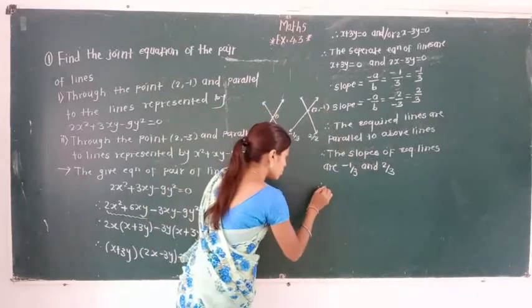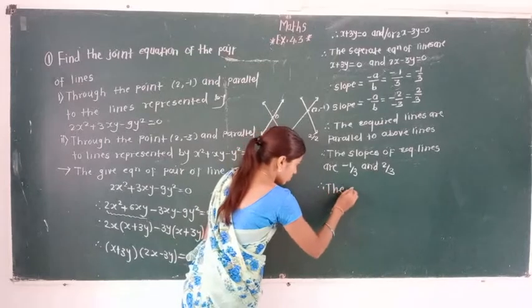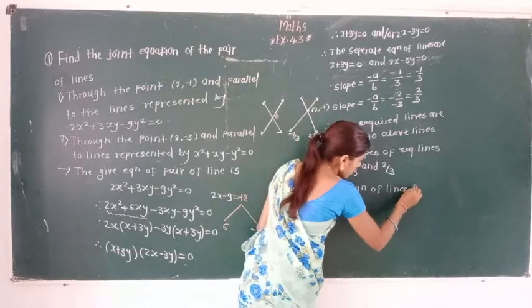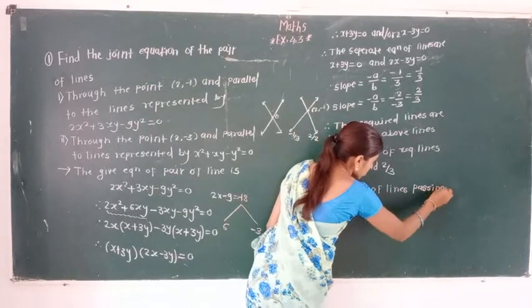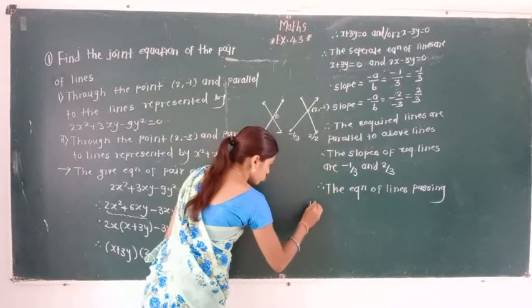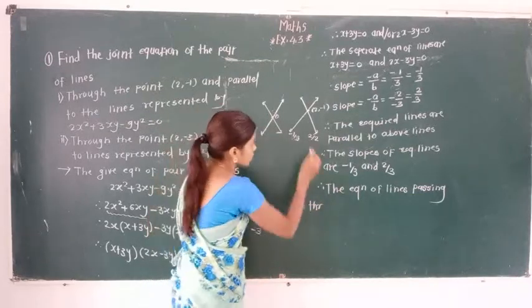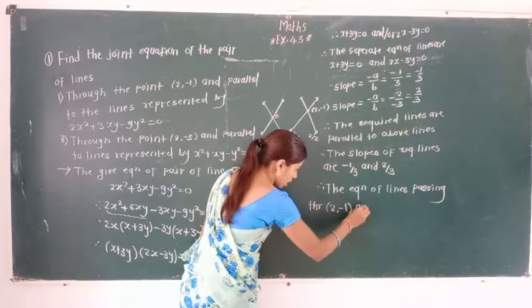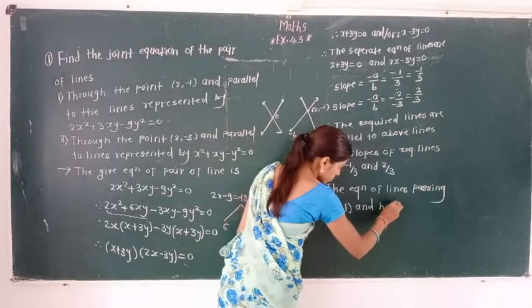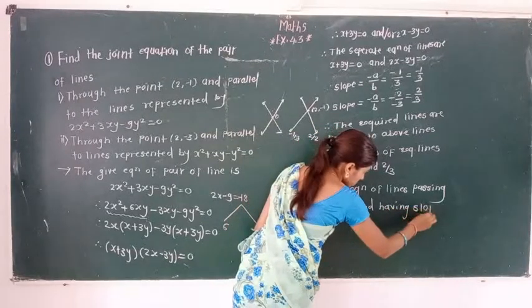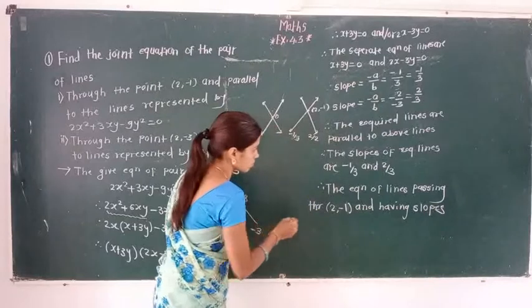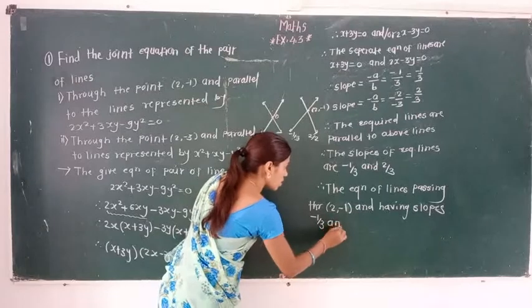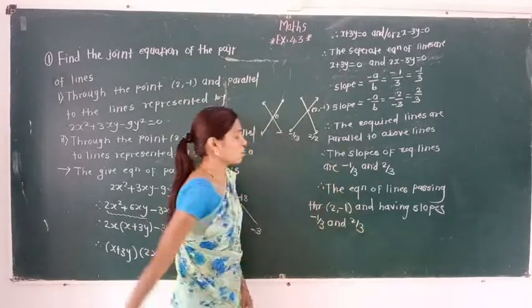So the equations of lines passing through the point (2, -1) and having slopes minus 1 by 3 and 2 by 3, we have to find.